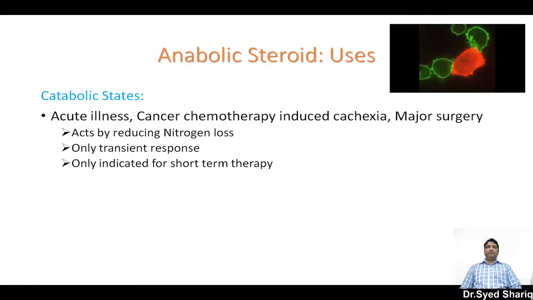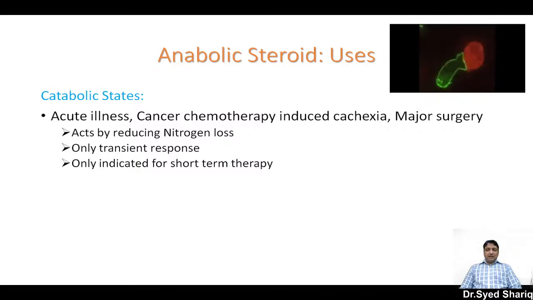Basically, we know that the building blocks of proteins are the different amino acids, and one of the major components of these amino acids is nitrogen. So it increases the muscle building activity, and therefore the nitrogen loss is decreased.